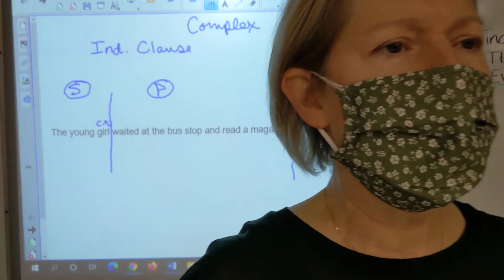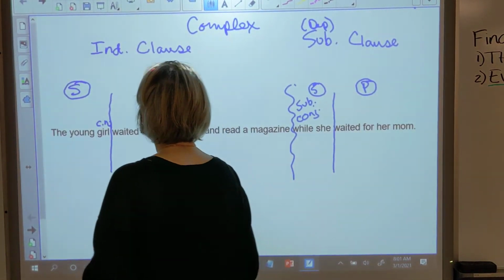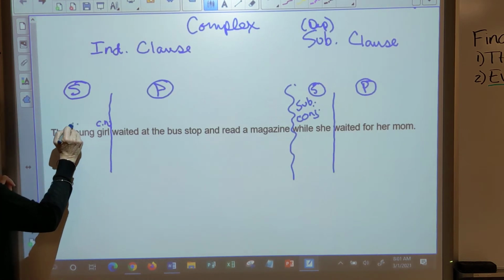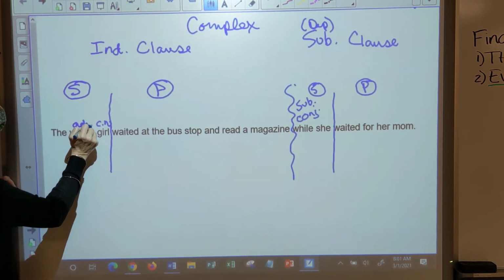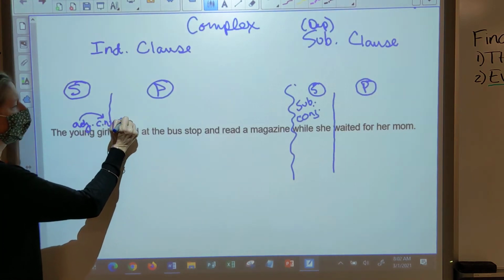We're going to go around the room to make this easy. Ashley. Young is an adjective describing girl. Very good. Ethan. Waited is an action verb.